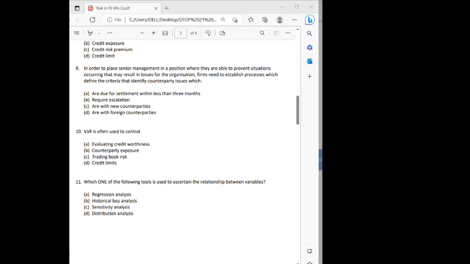I've got 4 responses. Let's see. In order to place senior management in a position where they are able to prevent situations occurring that may result in losses for the organization, firms need to establish processes which define the criteria that identify counterparty issues which are due for settlement within less than 3 months, require escalations, with new counterparties, or with foreign counterparts.